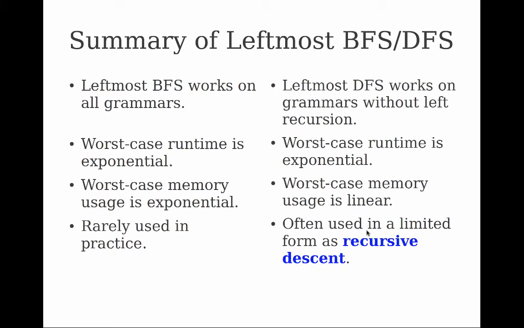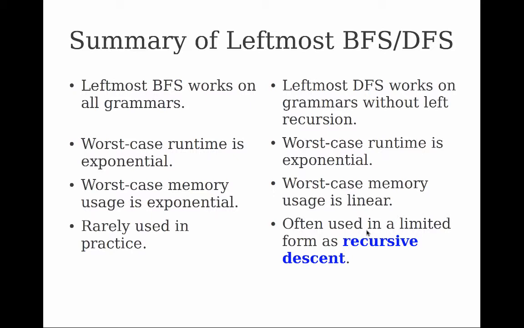And so, while depth-first search is better than breadth-first search, there are some trade-offs. Leftmost breadth-first search works on all grammars. Its worst case runtime is exponential, and its memory usage is exponential. This technique is rarely used in practice.